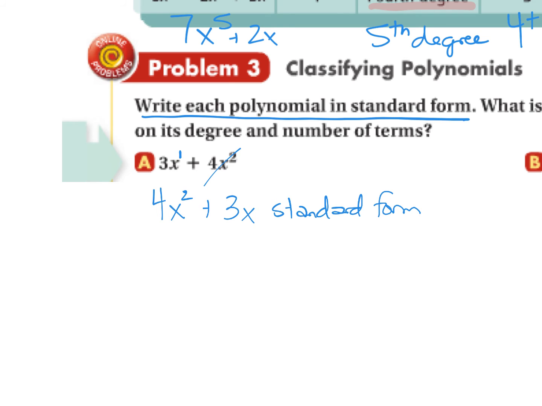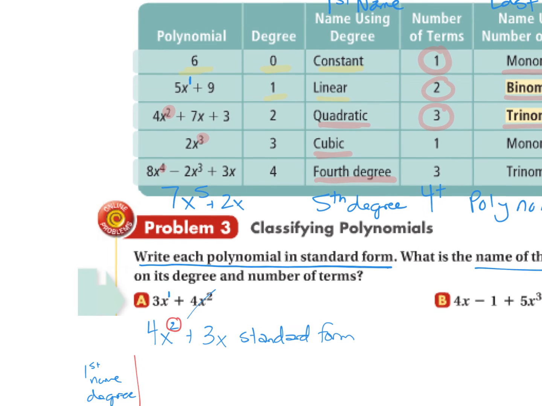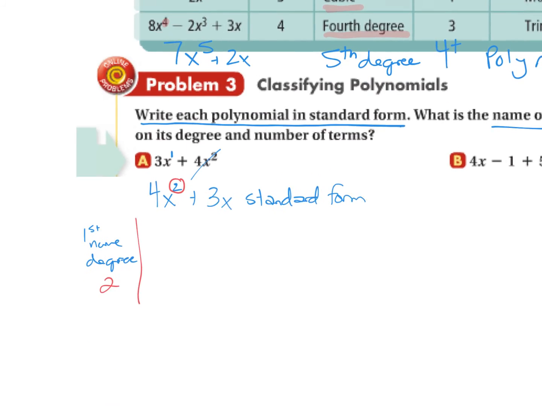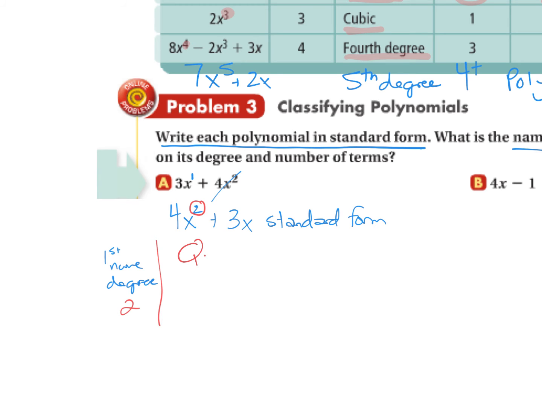And as far as the name goes, the first name is the degree. For a polynomial, the degree is just the biggest exponent. So my degree is a 2. If I look up at my chart really quick, a degree of a 2 is called quadratic. So this little guy's first name is a quadratic.